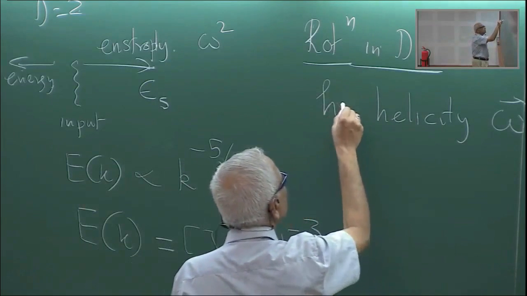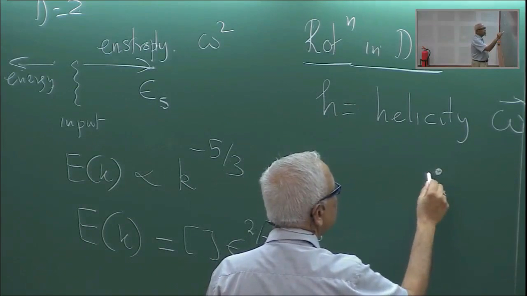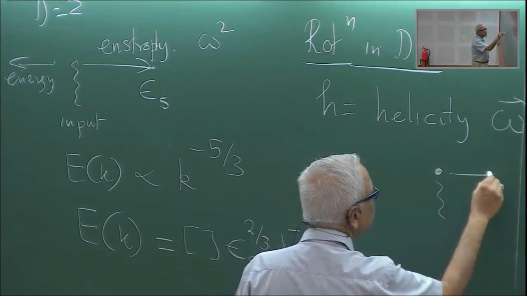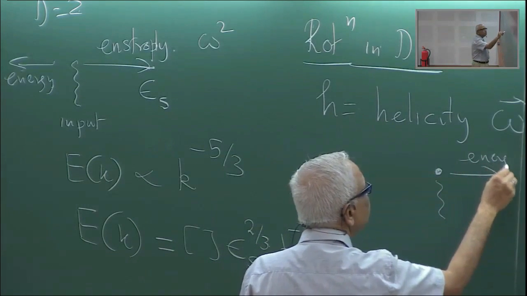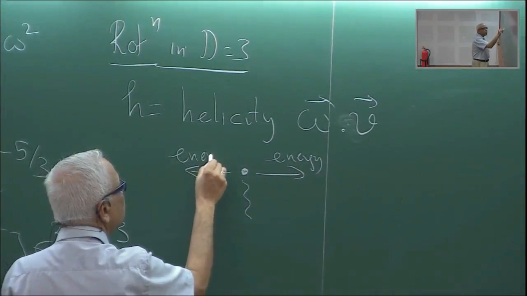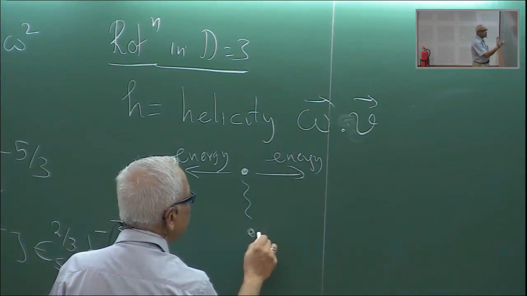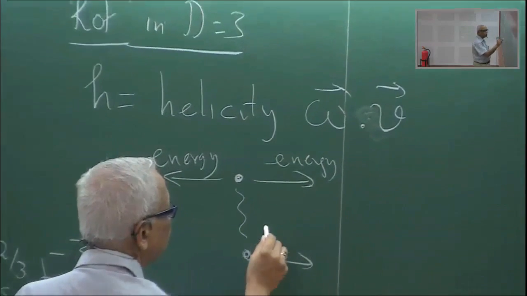And so the energy spectrum, if you look at it now, here is the injection, and energy, this is a little bit which I have not done at all. Energy can flow both backward and forward, and helicity flows forward.